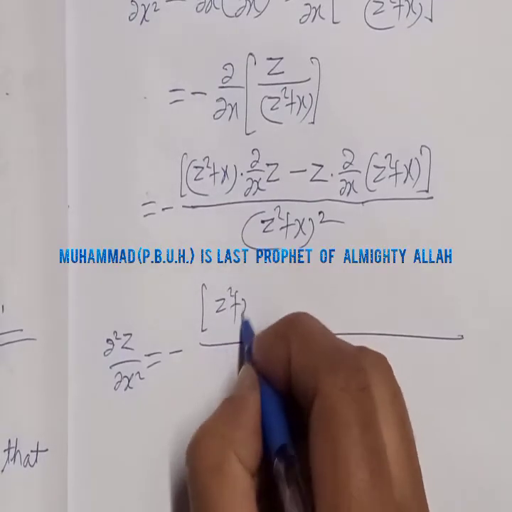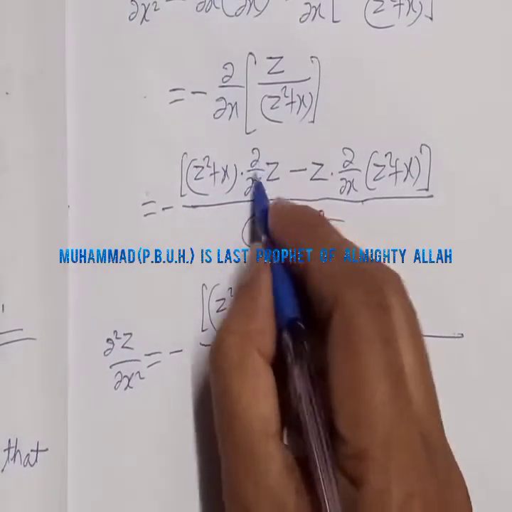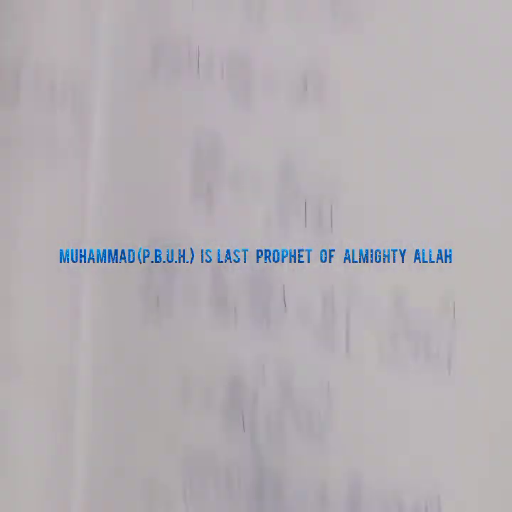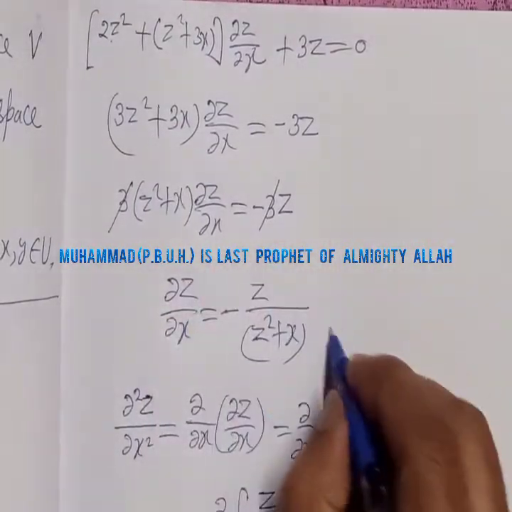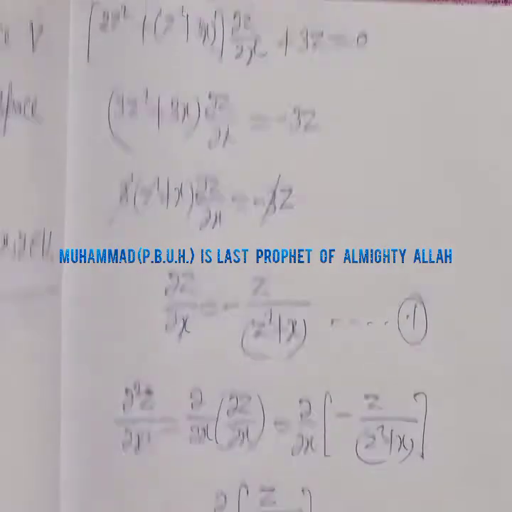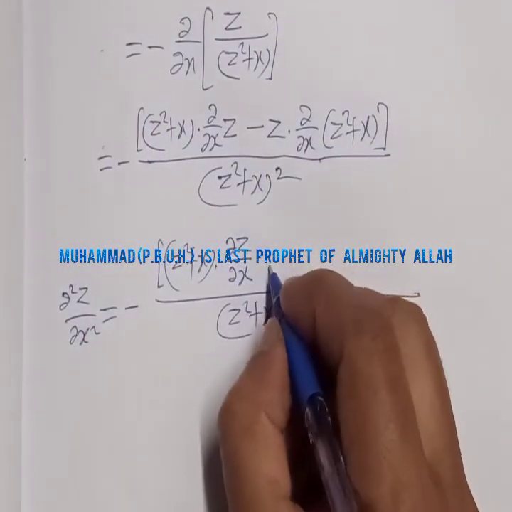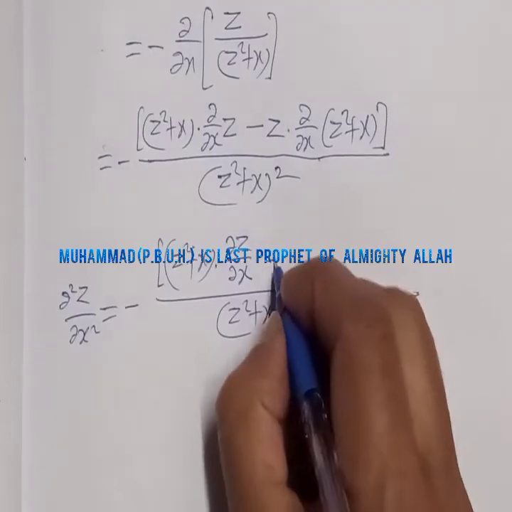Z square plus x write as without any change, and this is the value of del z over del x, which I will write from equation number 1. This value will be written from equation number 1.